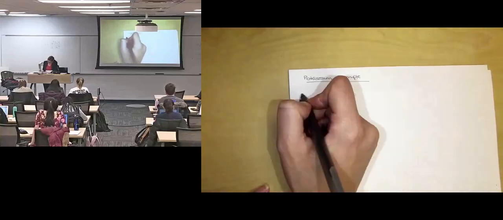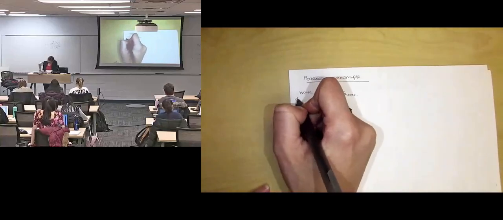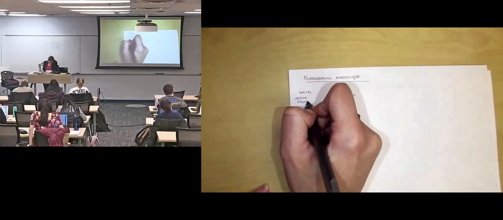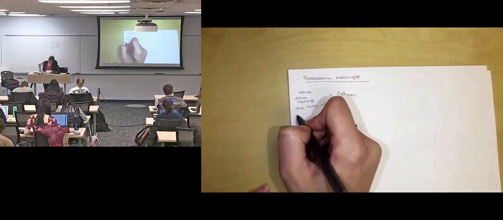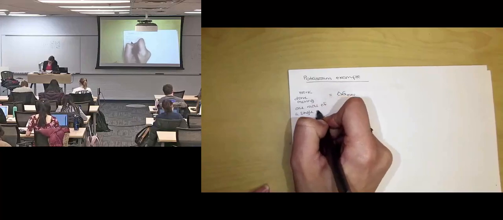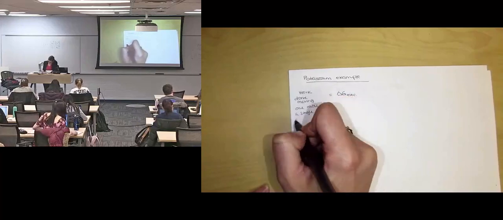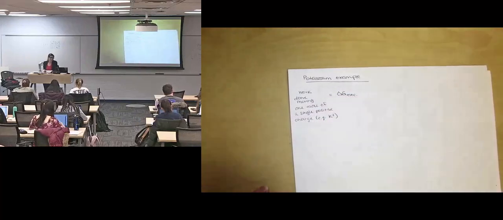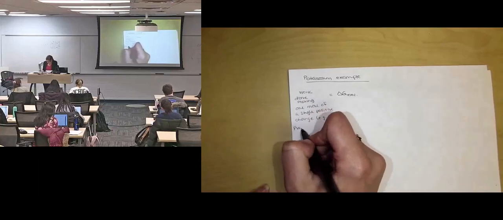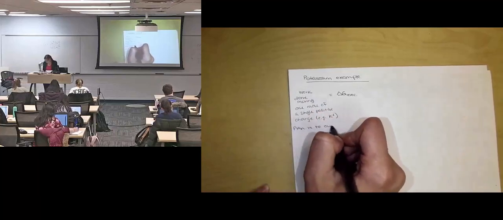This is equal to the work done moving 1 mole of a single positive charge, such as potassium ions. They have a single positive charge on them, from in to out.